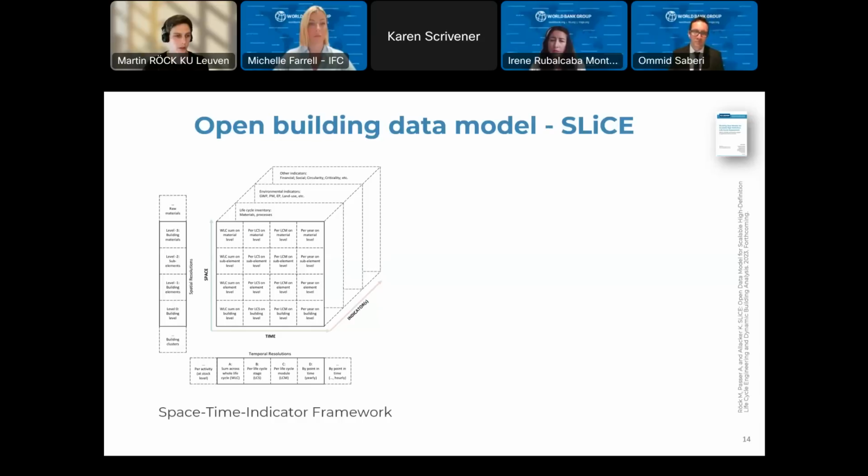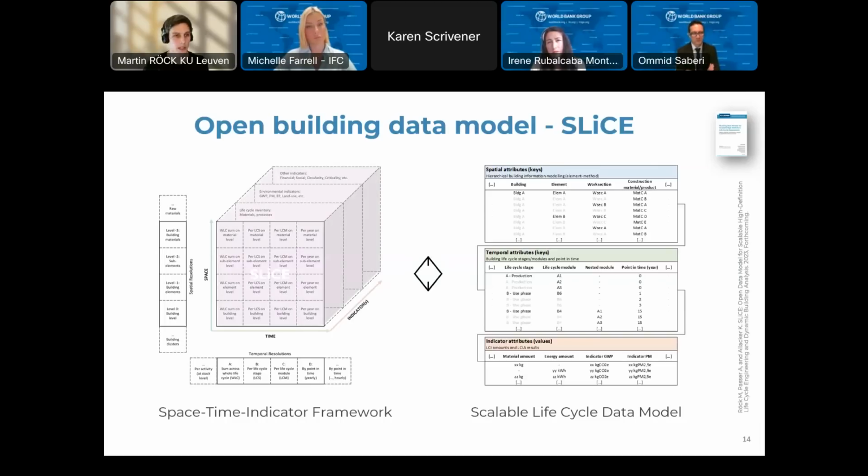So not aggregating just for the whole life cycle or just the upfront carbon, but really looking at emissions at the different life cycle stages and even at the point in time of a building, and also looking at different indicators, the actual material flows within the building and also different environmental and non-environmental indicators.